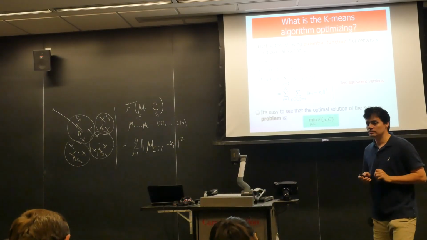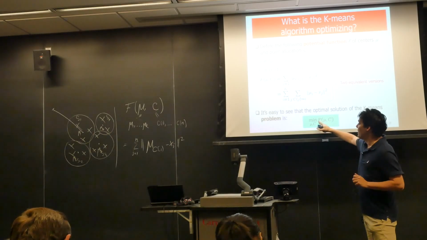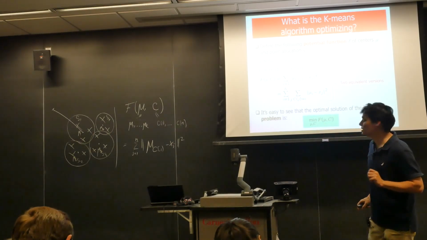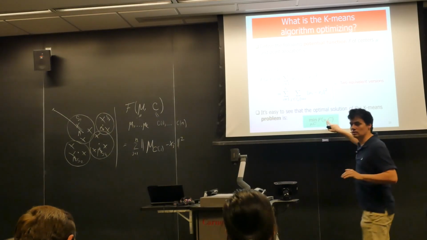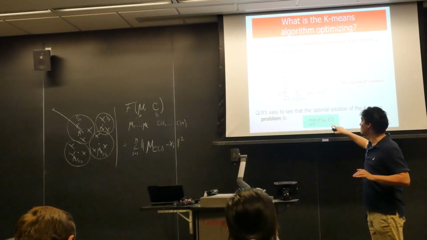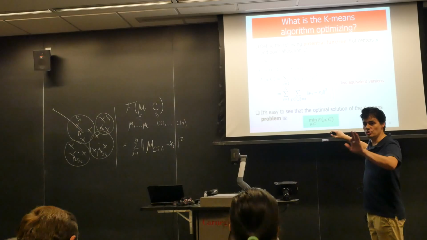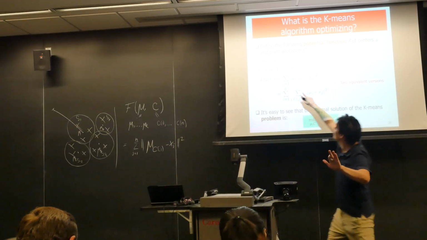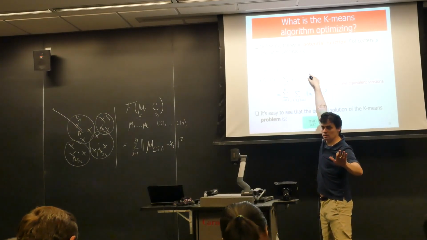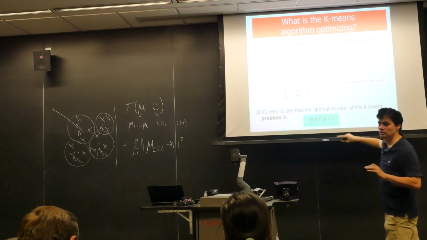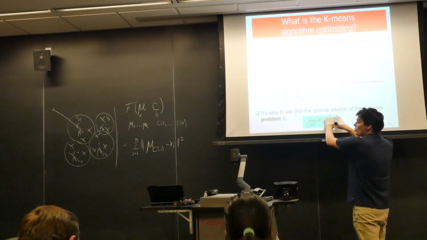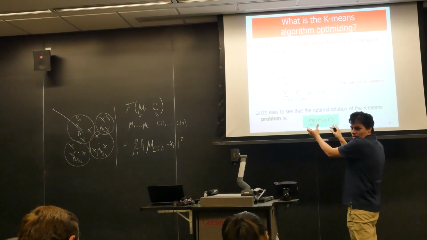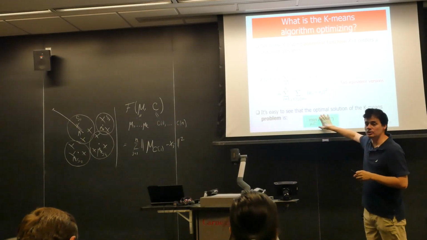But literally that minimum you're optimizing over mu and c, the functions from n to k. Right, so I fix mu and I minimize over c. You're saying you're minimizing over mu and c. Right, that's my ultimate goal.